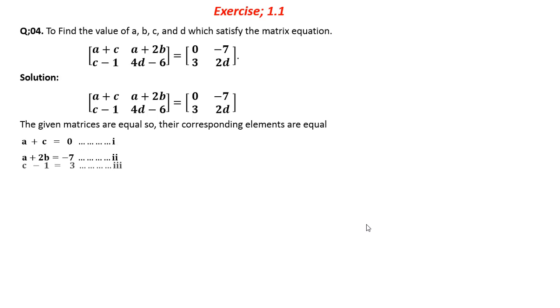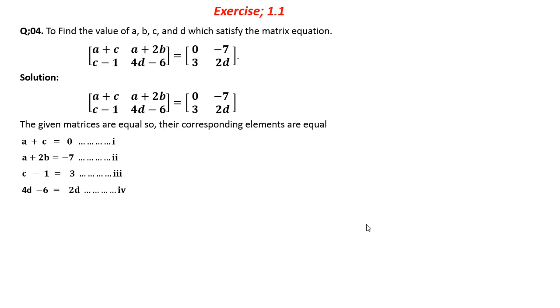In the first matrix the third element is C minus 1, and in the second matrix the third element is 3, so C minus 1 is equal to 3. This is equation number 3. In the first matrix the fourth element is 4D minus 6. In the second matrix the fourth element is 2D. This is equation number 4.